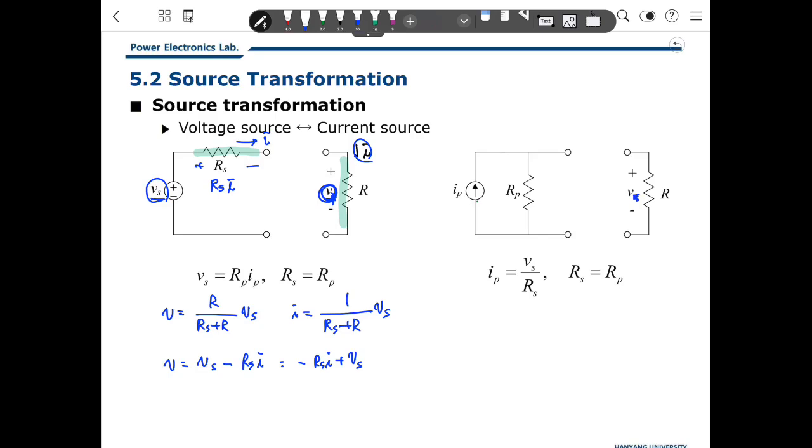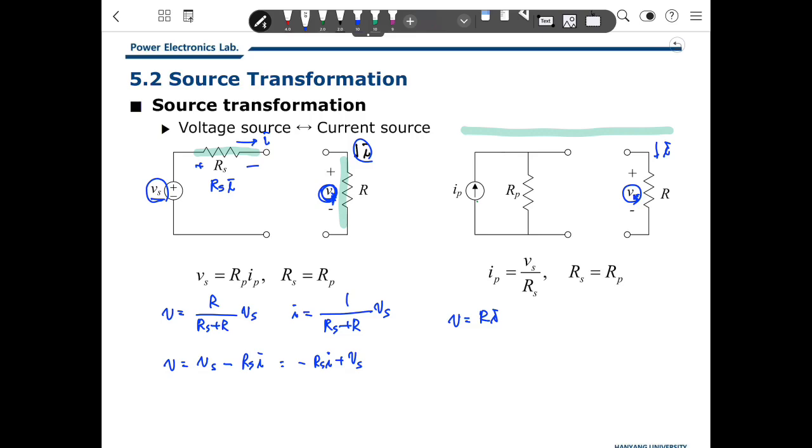Now how about this second one? We can calculate it with the same procedure. So what is the V here? V is R times I. Then we need to check what V is.